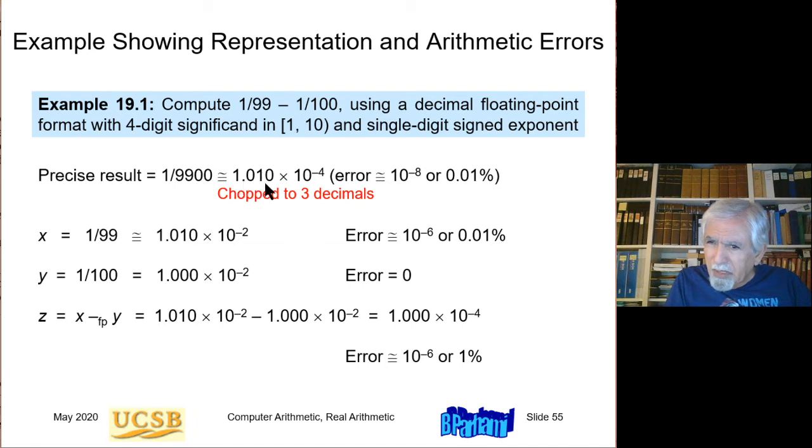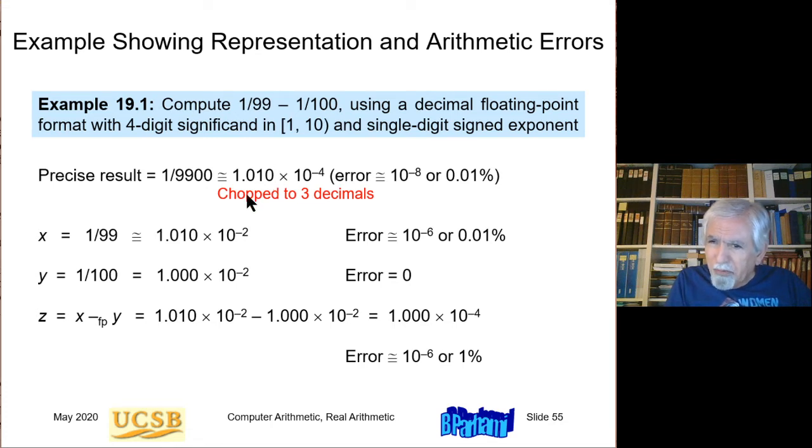This is not a binary number. This is decimal, which happens to have only digits 1 and 0. 1.010 is the significant, and the exponent is minus 4. The error in this representation: it's easy to see that the exact representation would be 1.0101010 all the way to infinity, but we have to chop at this point.